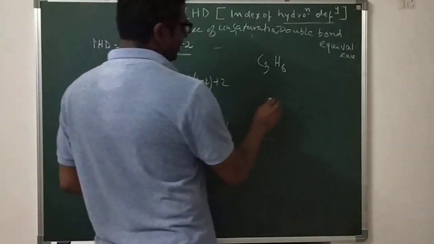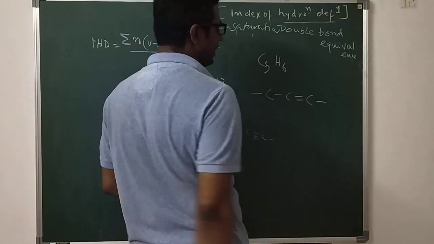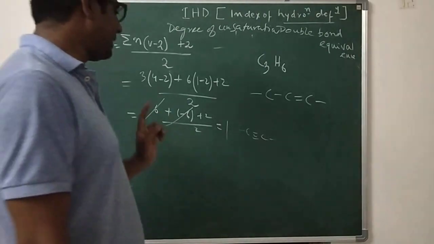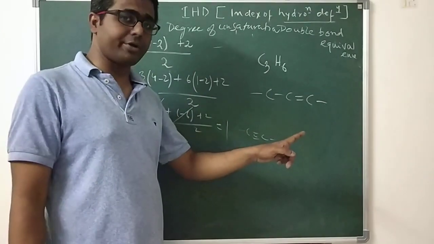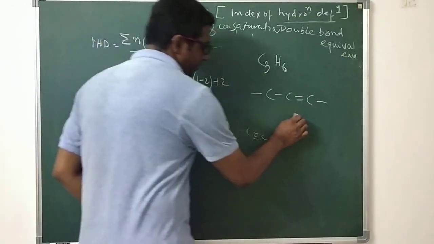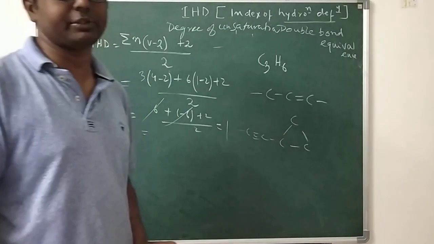So what can be the possible structure? One is this one. You can fill up the hydrogens easily. There is no other structure. But remember, in case of a double bond, you can also replace the double bond with a cycloalkane. Don't forget this. You remember what is the formula of cycloalkanes?